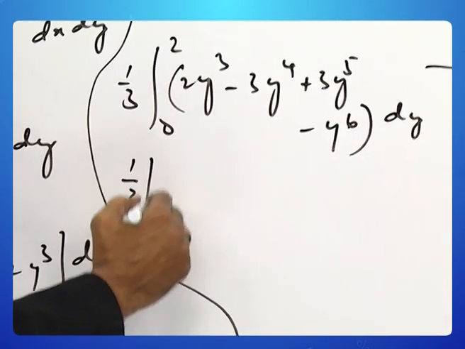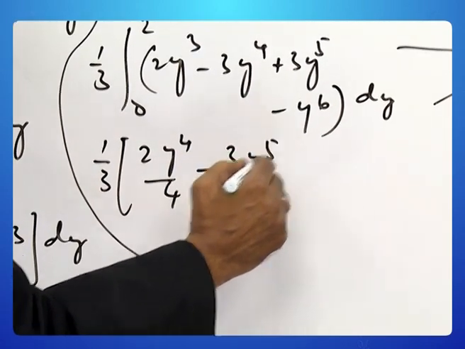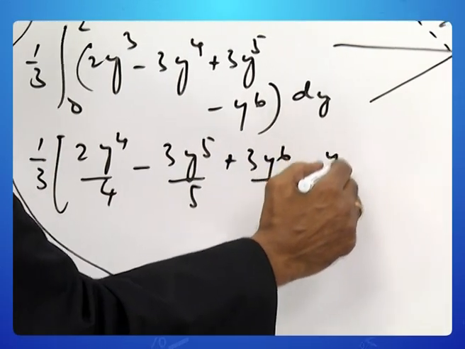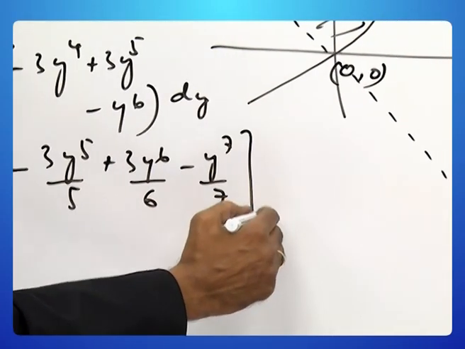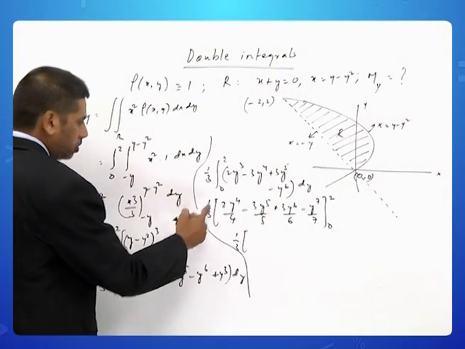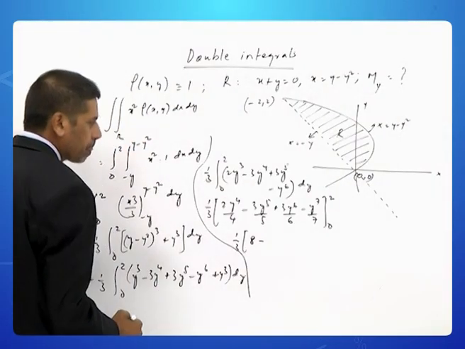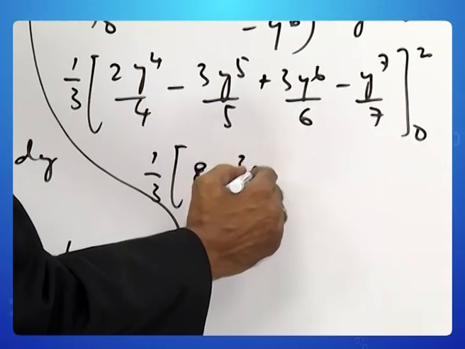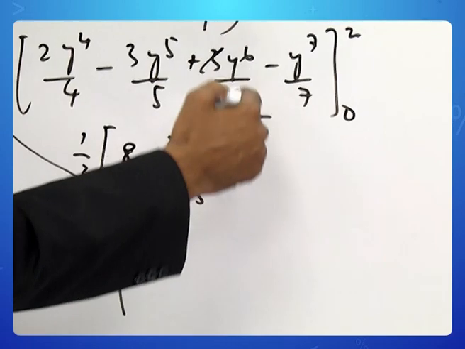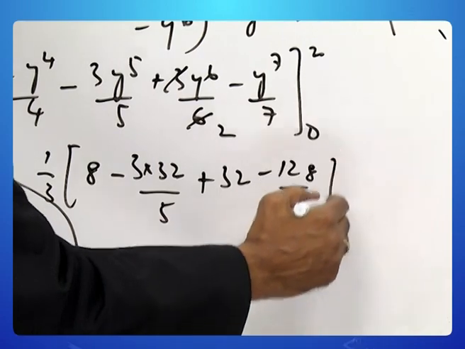Straightforward integration, 2y power 4 by 4 minus 3y power 5 by 5 plus 3y power 6 by 6 minus y power 7 by 7. Applying limits, 2 cancels 2 times, 16 by 2 is 8 minus 3 into 32 by 5 plus 64 by 2 is 32 minus 128 by 7.